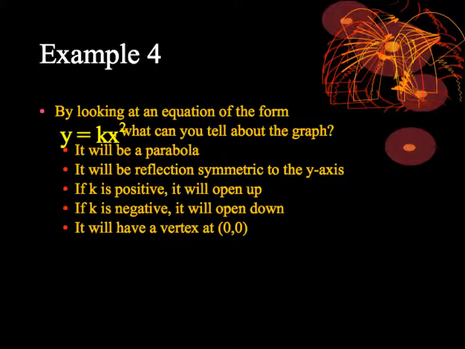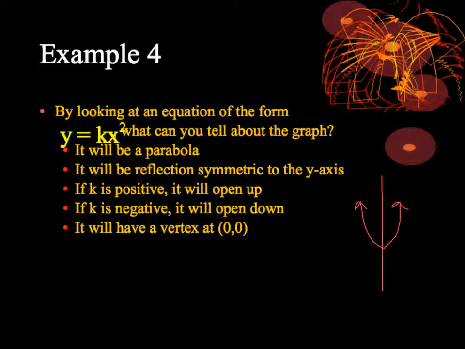So when you look at the equation in the form y equals kx squared, we can tell it's going to be a parabola, that U shape or upside down U shape. They're all going to be reflection symmetric to the y-axis, which means there's a symmetry line that goes right through them in the middle on the y-axis.